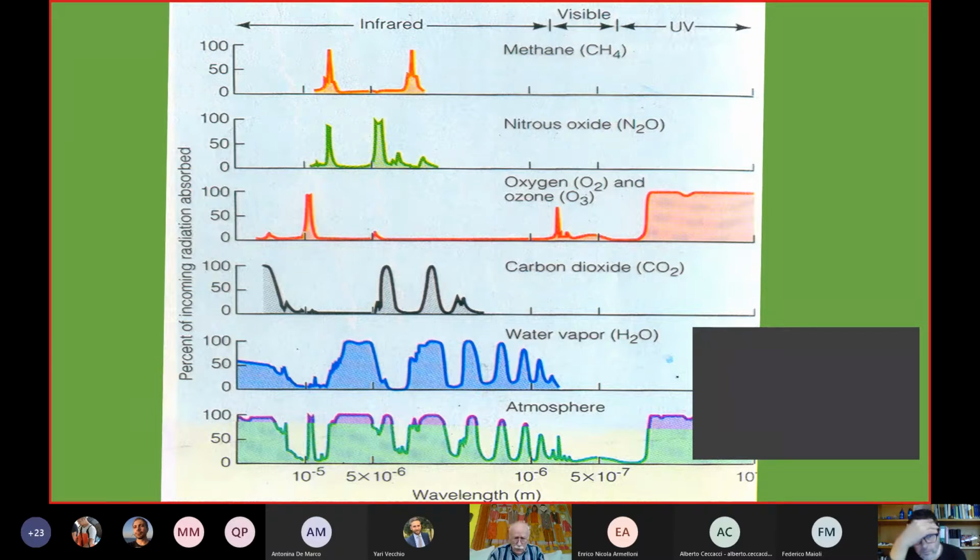Now, please look at the top. To the left is the infrared, then you have the window of the visible light, and then you have the ultraviolet.